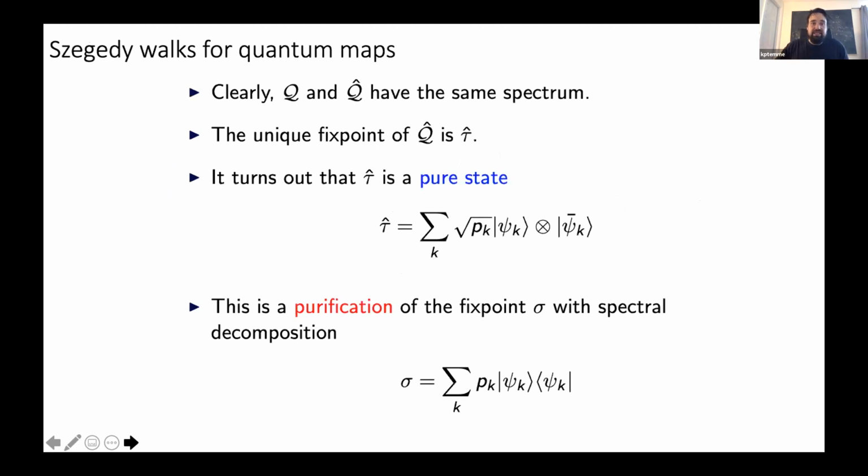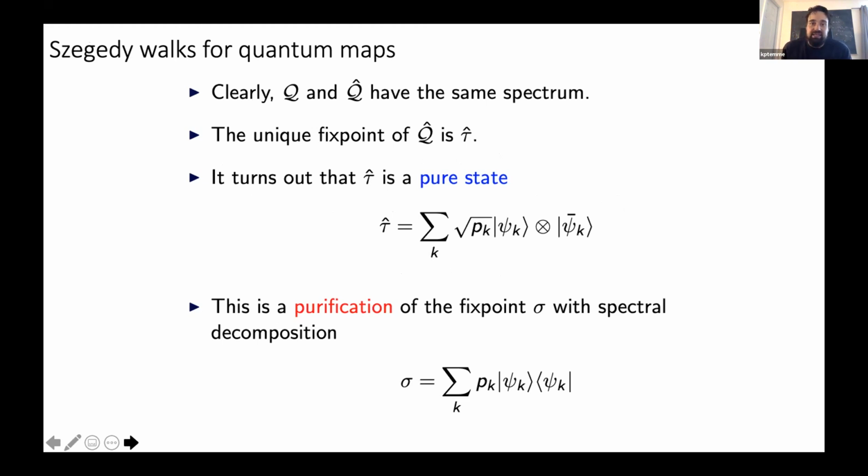So the nice thing is, if you now look at the vectorized version of our fixed point, that happens to be exactly the state we would like to prepare, right? So if you look at tau hat, that is one purification of our original density matrix. So suppose you're given the original density matrix sigma in terms of its spectral decomposition.